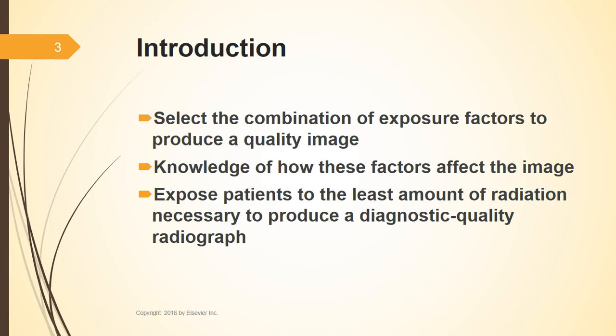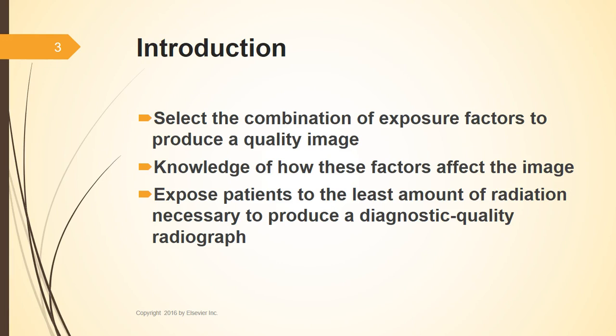That's their image receptor. You can have CR, which is computed radiography, and then DR, which is direct radiography. CR and DR are both a type of digital imaging, so which one you're talking about depends on what type of receptor you have.